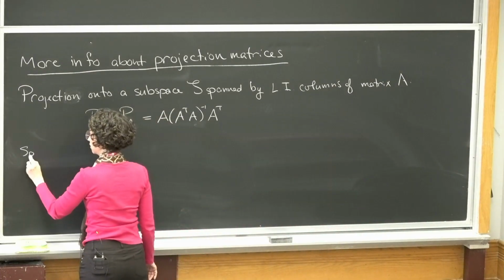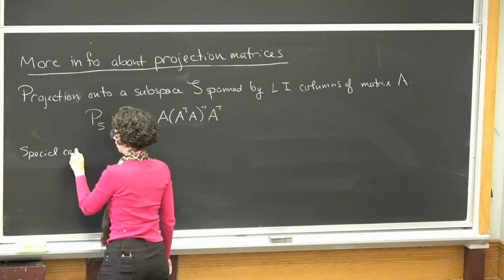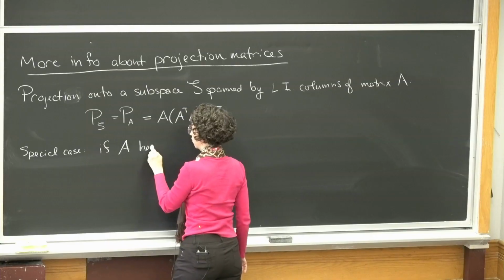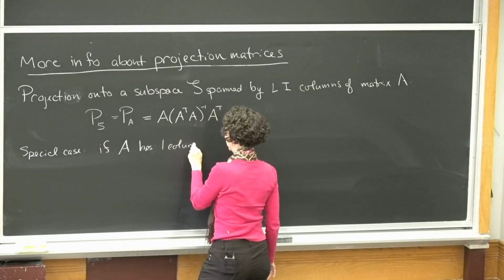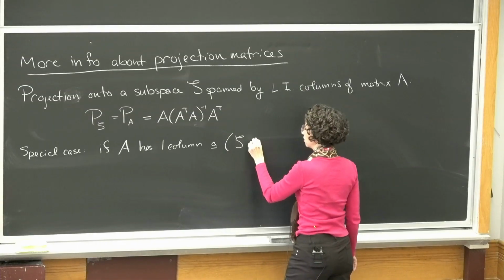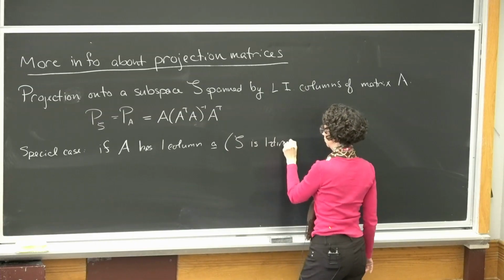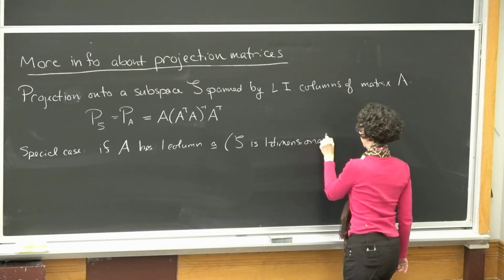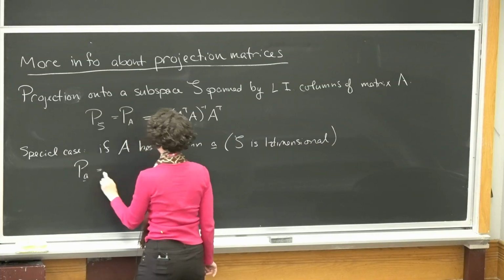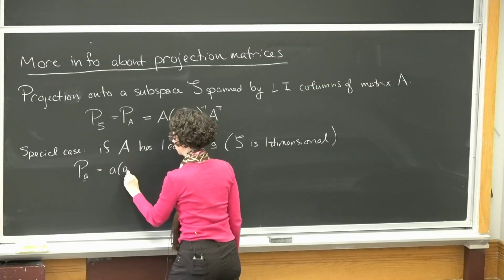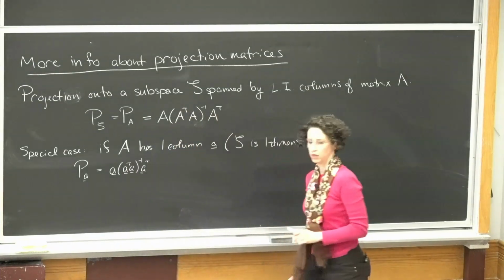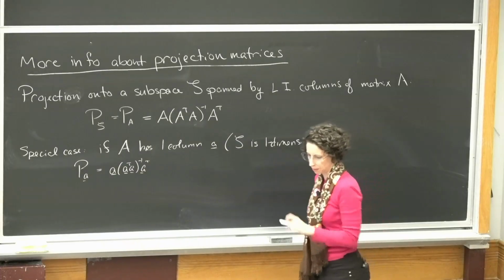So a special case: if A only has one column, little a, so in other words, this subspace is one-dimensional, then this projection matrix P_a looks like a times (a transpose a) inverse times a transpose. Okay, we talked about this last time as well.